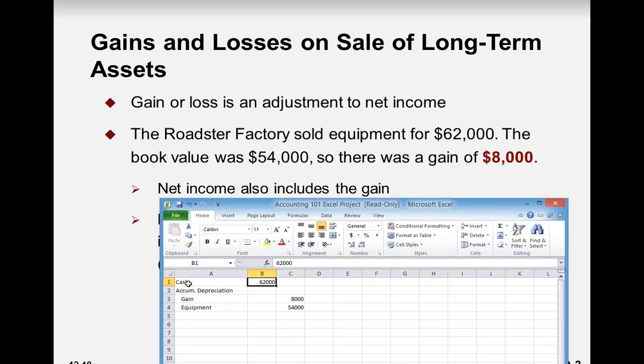So this cash here is going to be reported on the sale of the equipment. So the $62,000 will go under the investing section as a sale. I don't know if that helps or not, but the cash is the sale of the equipment, so it's a sale of the investment. Okay, so the $62,000 will appear down under the equipment.